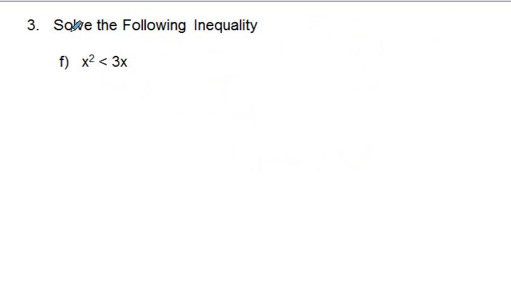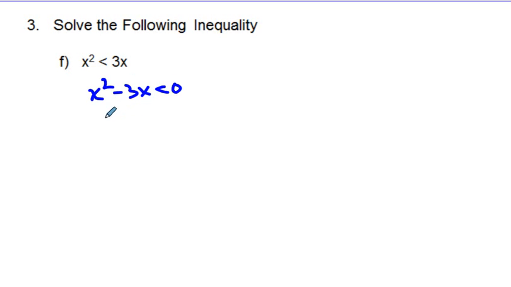So next, let's look at this one here. We have x squared is less than 3x. So we can rewrite this expression and subtract 3x from both sides and rewrite this as x squared minus 3x is less than 0.